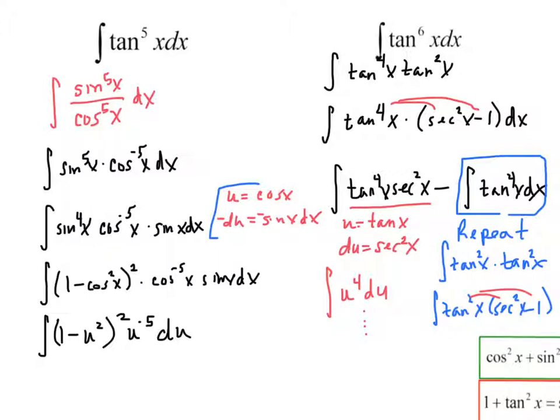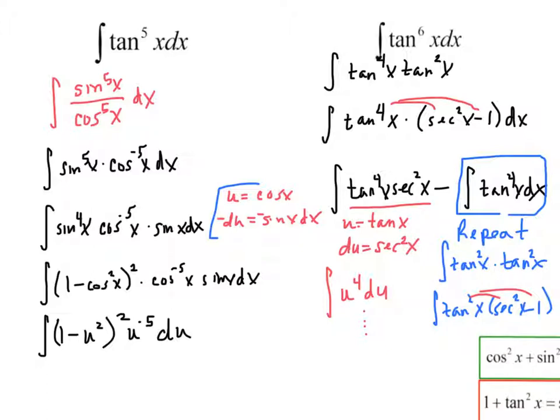Okay? So even powers of tangent are a little more work. We have to peel off a tangent squared and then kind of create a substitution. Odd powers we rewrite with sines and cosines. So in this video we looked at a lot of situations, and a lot of them are just kind of an introduction to you because they're not on the AP exam, but they are worth seeing as cool methods of using some substitution and some trig identities to do some pretty hard integration.